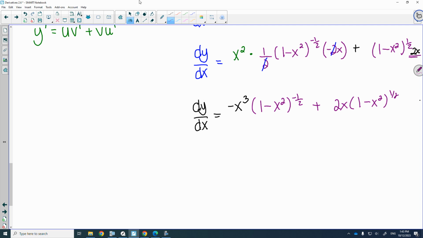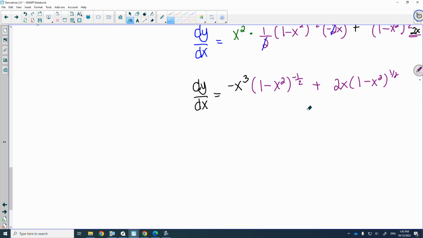From here, I've got two terms. So look at these two terms and say, what can you factor out of here? So between an x cubed and an x, Sarah, what would I factor from that? Yep, I could factor out an x.